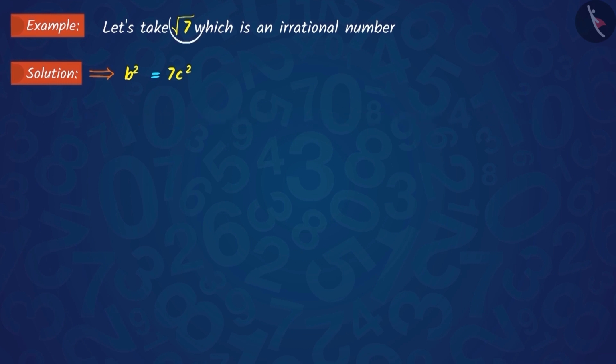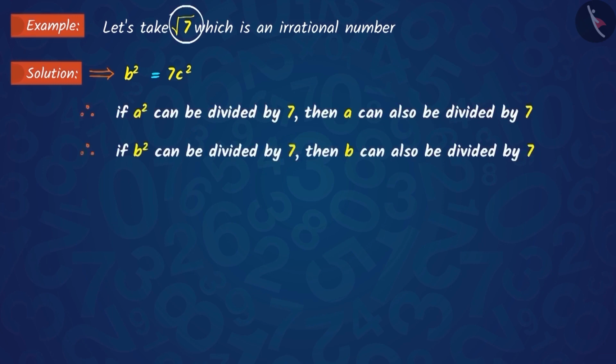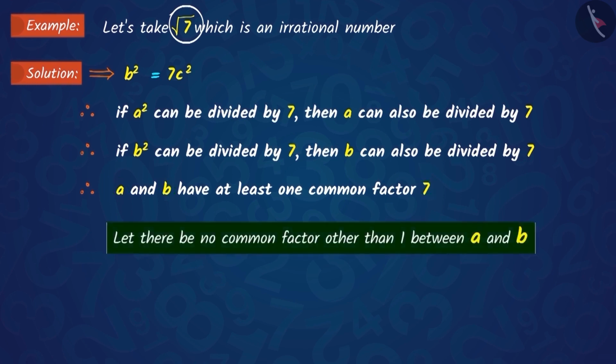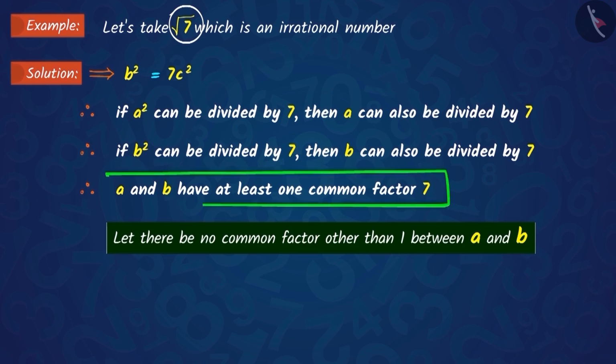According to the given irrational number square root of 7, we get two results here. Thus, we know that a and b have at least one common factor, and that the common factor is 7. Note that we had assumed that a and b do not have any common factors other than 1. Whereas the opposite, a contradiction, is obtained.